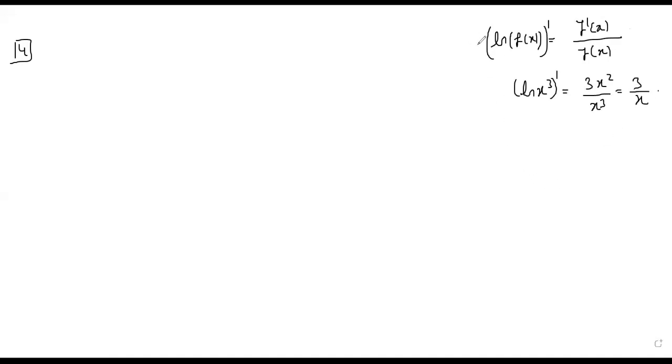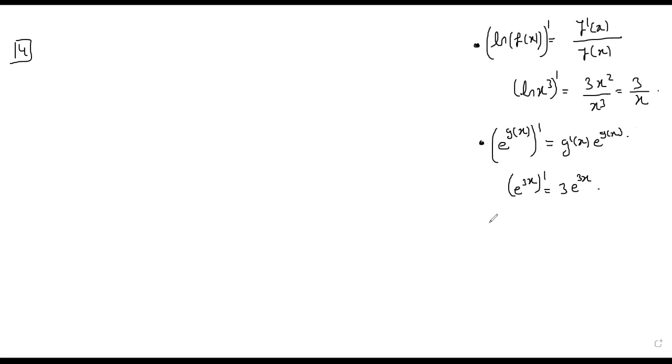Another recall: if we have e to the g of x, then its derivative is given by this. Another example, if we have e to the 3x, then its derivative is this one's derivative, which is 3, times the same.